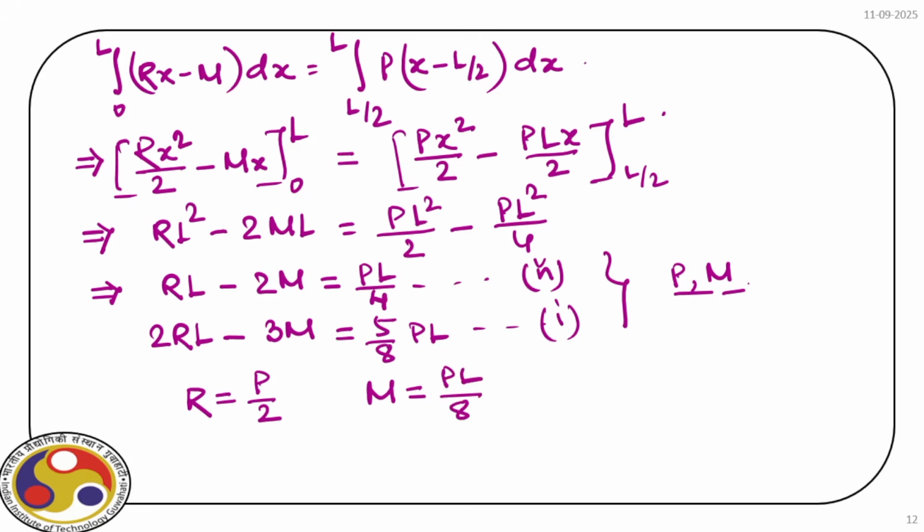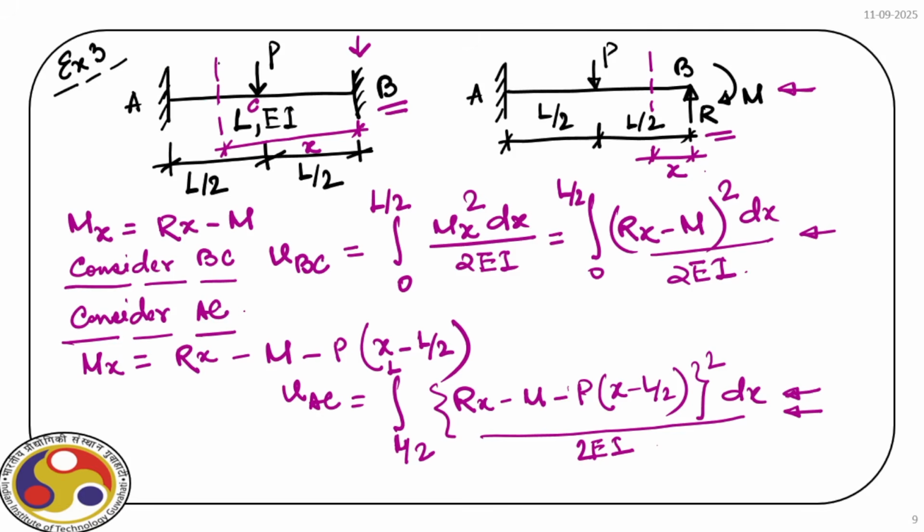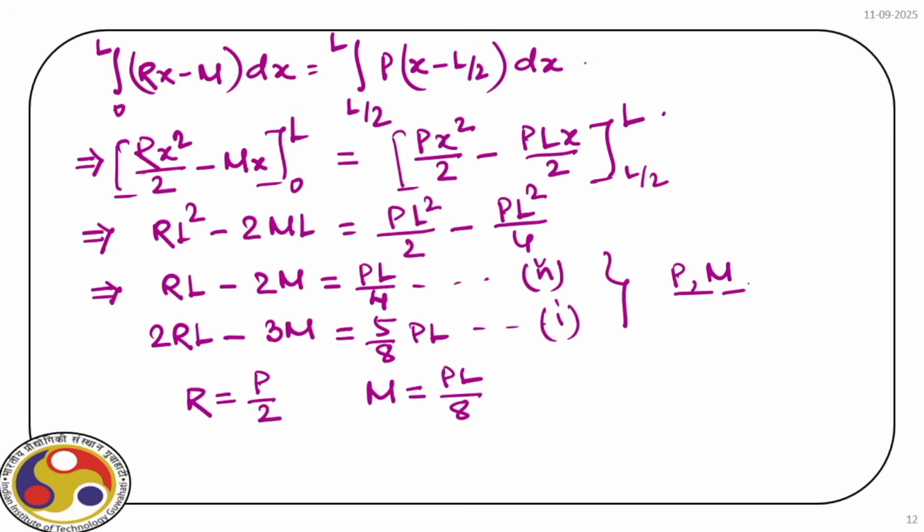Now, if you go back to the main structure, you can see we have a point load at the middle, right? And the structure is symmetric about this point C, and therefore we expect the reaction at this point and reaction at this point will be equal, and they are P by 2 and P by 2. And effectively the same result what we get here using Castigliano theorem. Right.